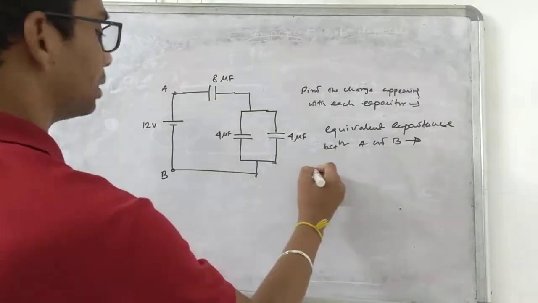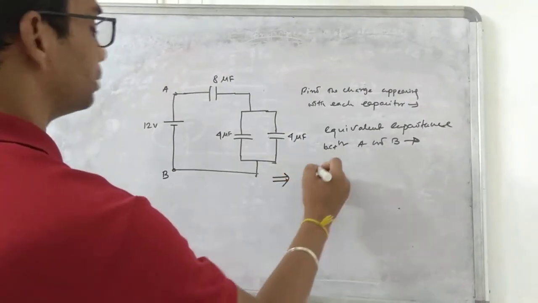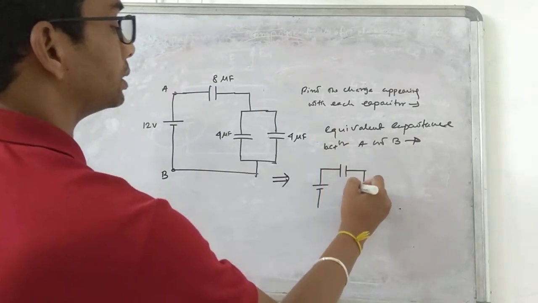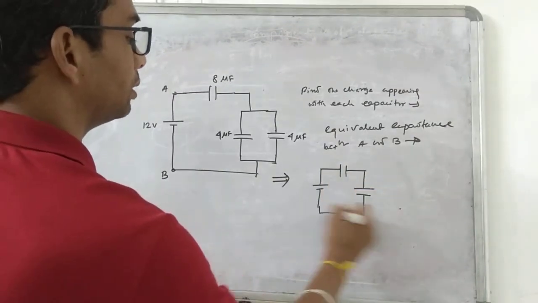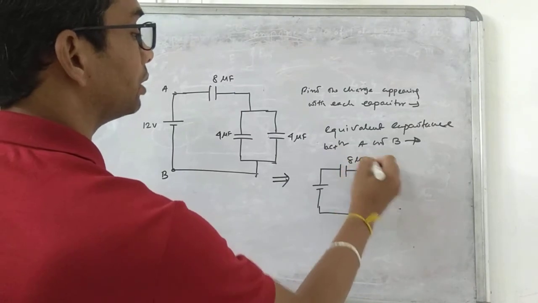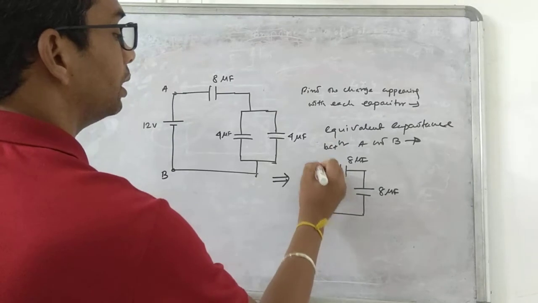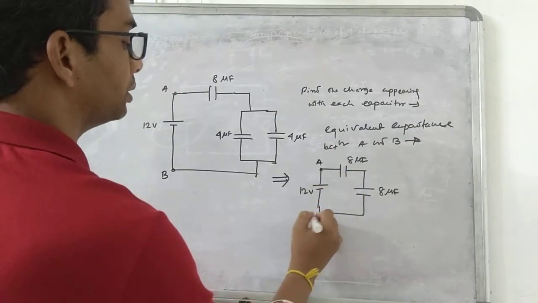So the equivalent becomes 8 microfarad, and this is again 8 microfarad, with the 12 volt supply, and this is point A and this is point B.